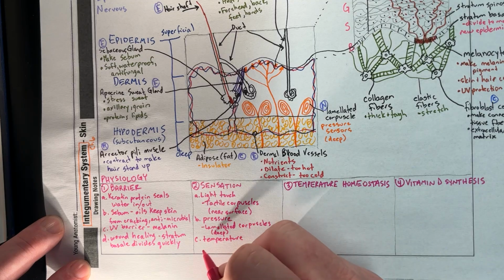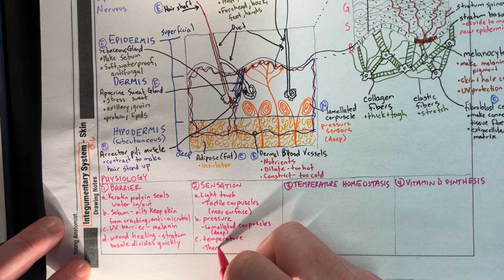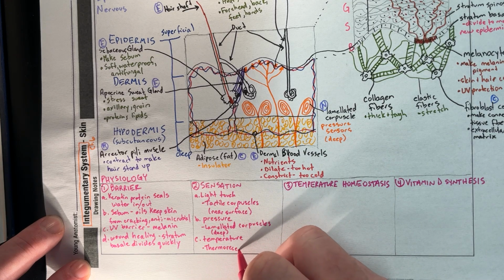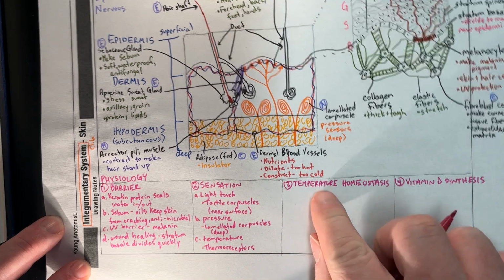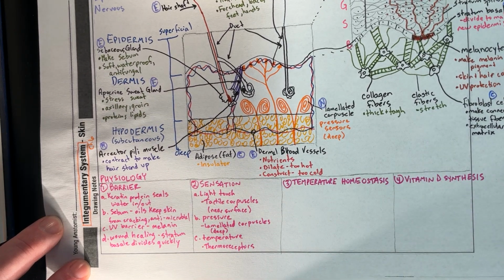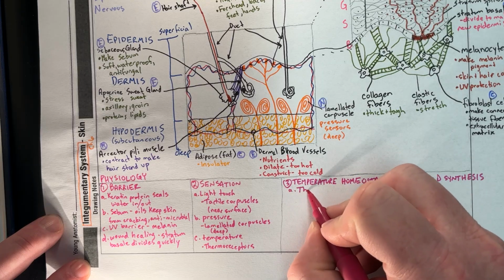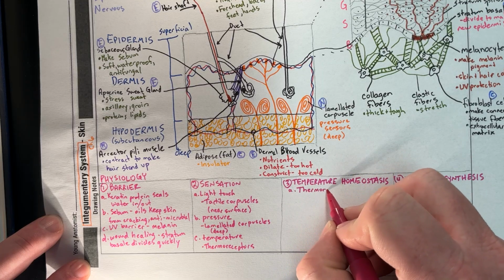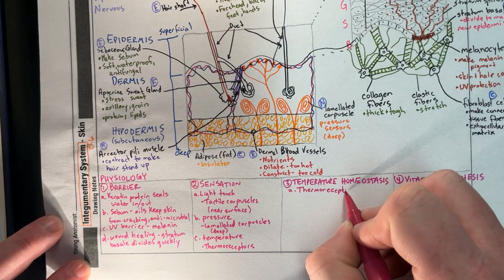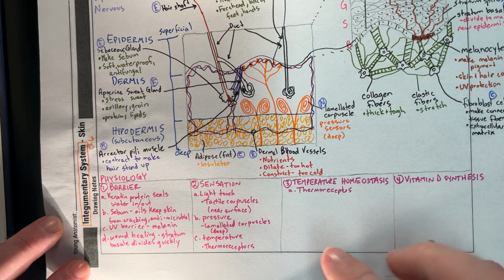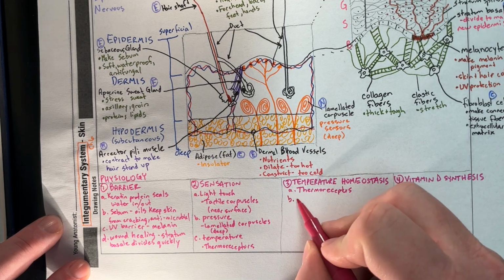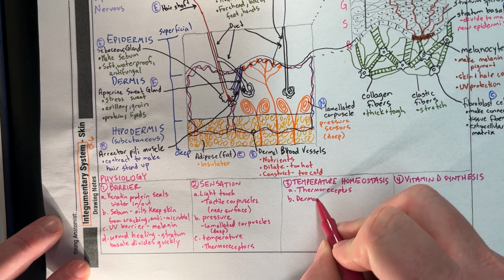And that's because those thermoreceptors that we talked about in body temperature homeostasis are located in the skin. So let's just continue right over to there. We've got thermoreceptors in the skin. Also in the skin related to temperature homeostasis, we've got those dermal blood vessels.